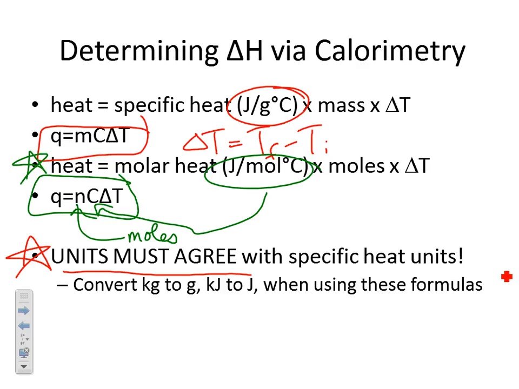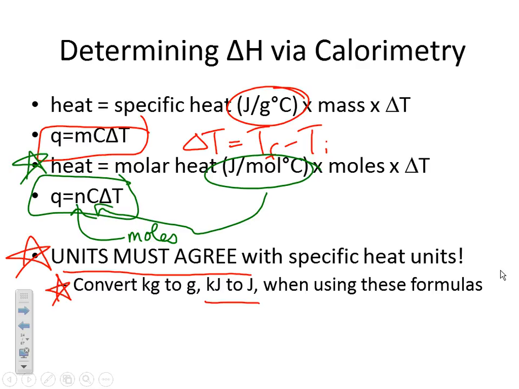But joules and grams, not kilojoules, not kilograms. So if you're given mass in kilograms, convert it, put it in grams. If you are plugging Q in to solve for m or to solve for c, convert kilojoules to joules first, because the units have to agree. I'm going to be yelling at you all year long about units agreeing. Swear to God, all year long, units have to agree always.